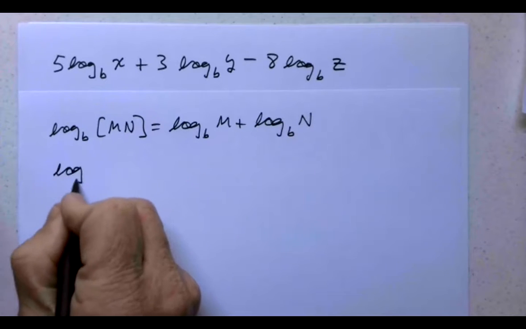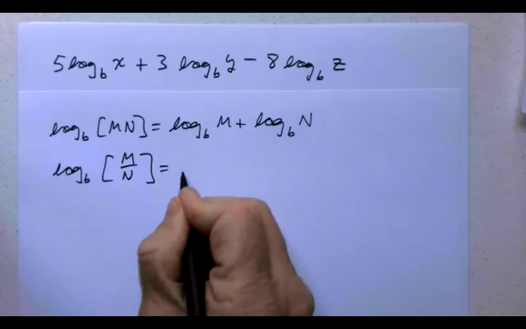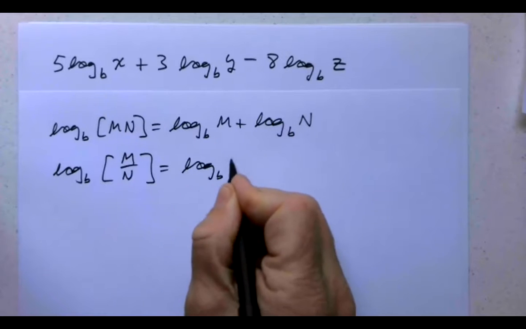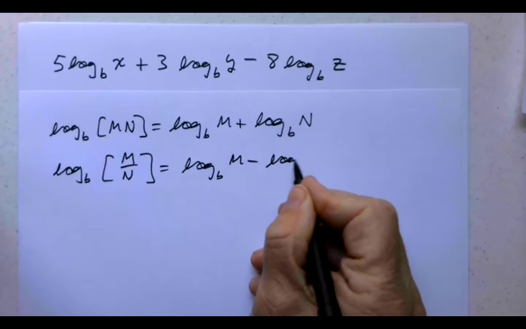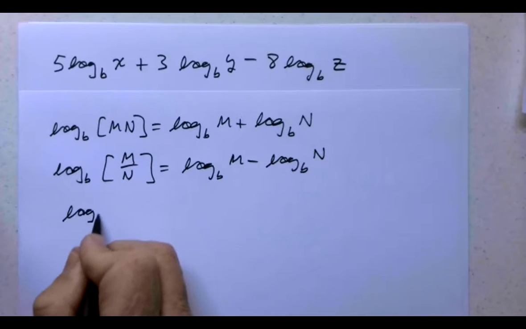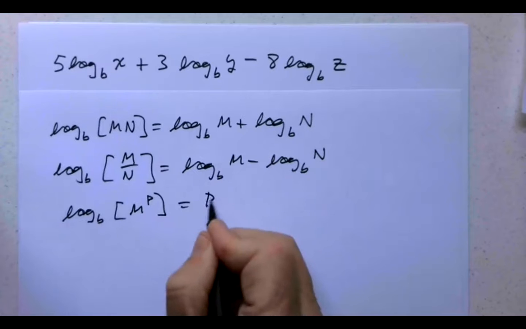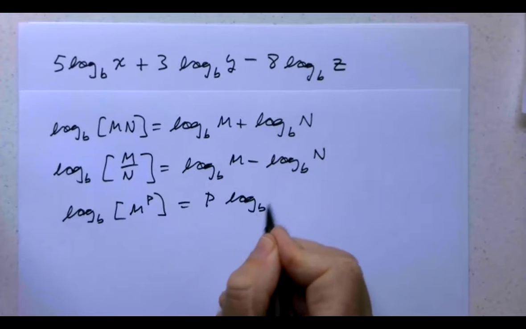Log b of m over n is log b of m minus log b of n, and log b of m to the p, we can pull the exponent down, is just p log b of m.